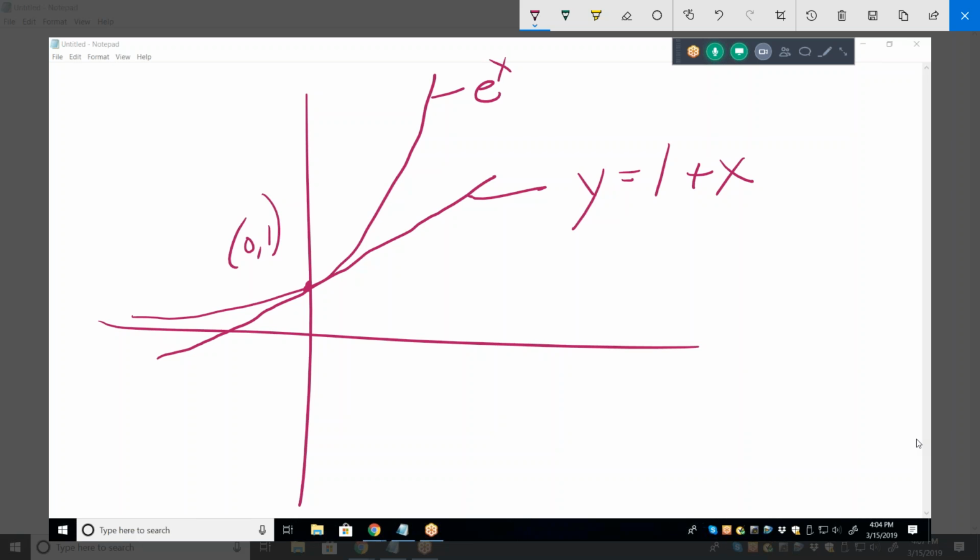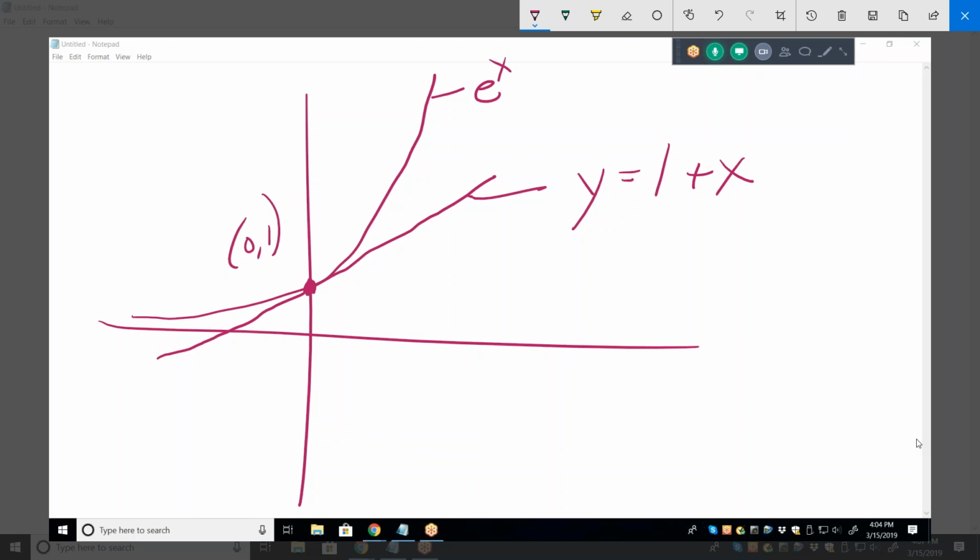And I get that from the first derivative of e to the x. The most important thing about that straight line that I've drawn is that its slope is the slope of the tangent line at x equals 0 for e to the x. If you take the derivative of e to the x, you get e to the x, you evaluate it at 0, and you get 1.